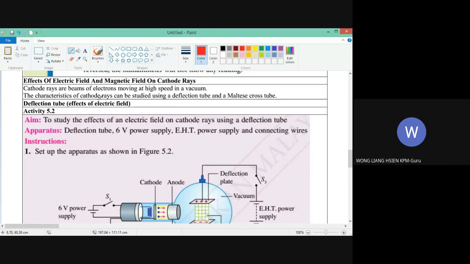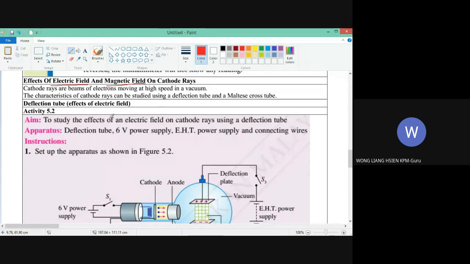What we want to know is, what is the effect on the cathode ray when we expose it to an electric field and a magnetic field? What are the effects of electric field and magnetic field on the cathode ray?